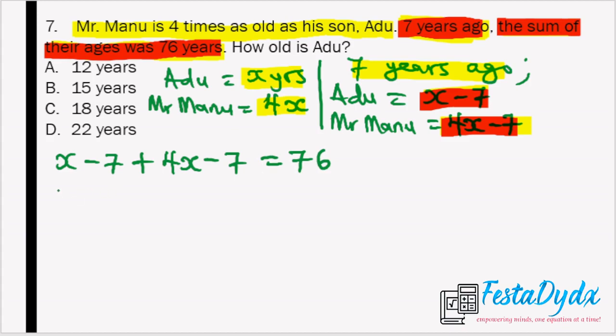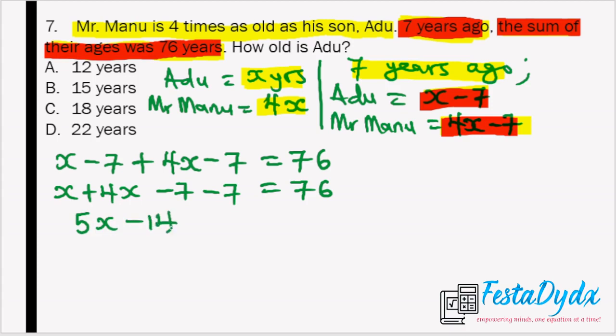So collecting like terms, we'll have x plus 4x minus 7 minus 7 equal to 76. So x plus 4x is going to give us 5x, minus 7 minus 7 is minus 14, equal to 76.